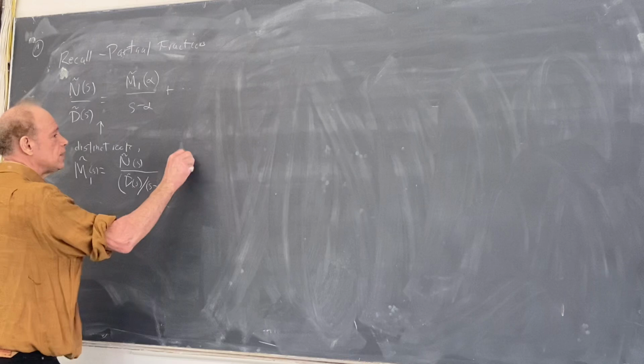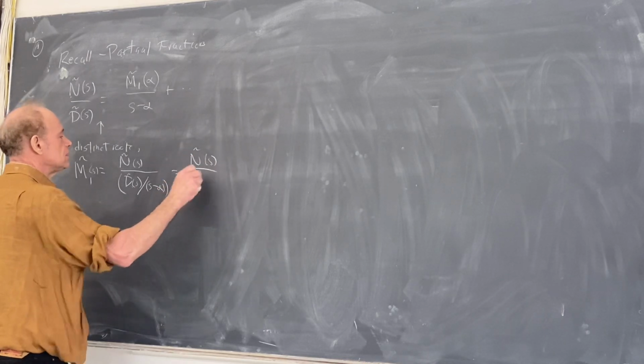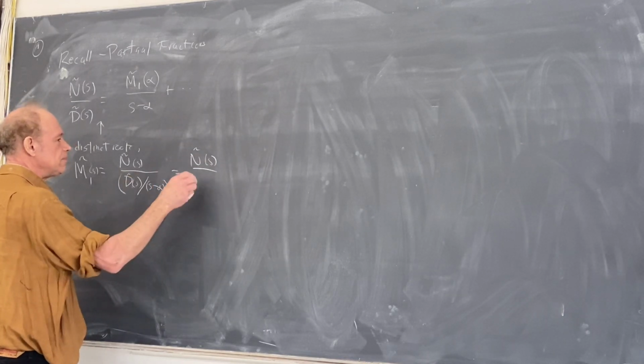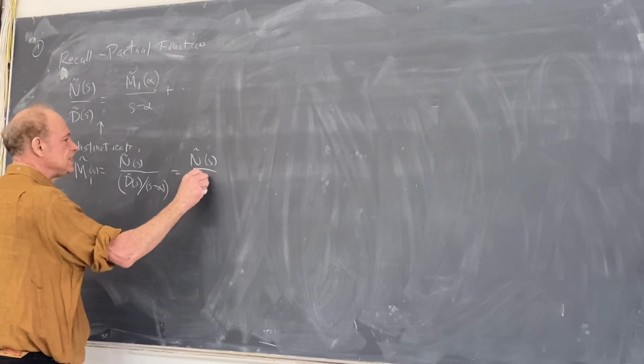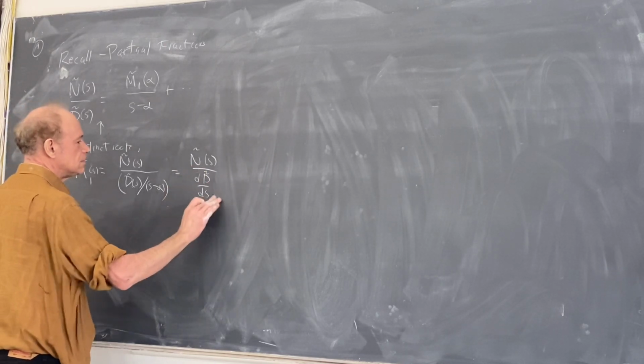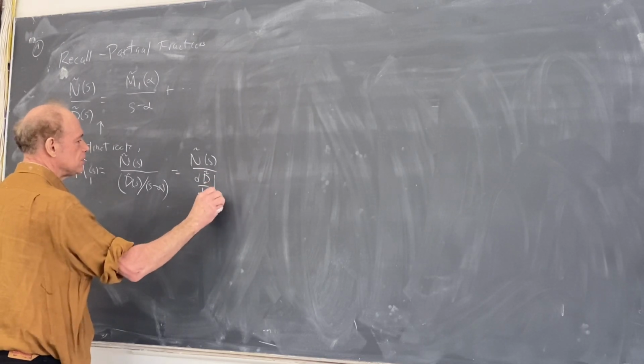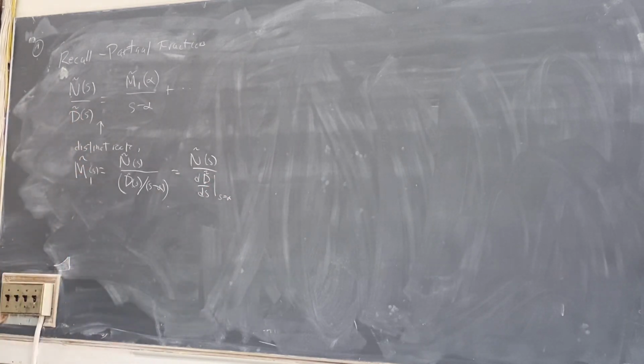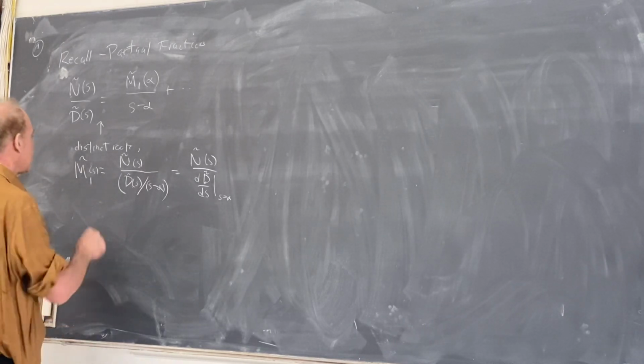Or we also noted it was equal to n tilde of s divided by d tilde prime of s, the derivative of d tilde with respect to s, at s equal to alpha. So there's one or the other.